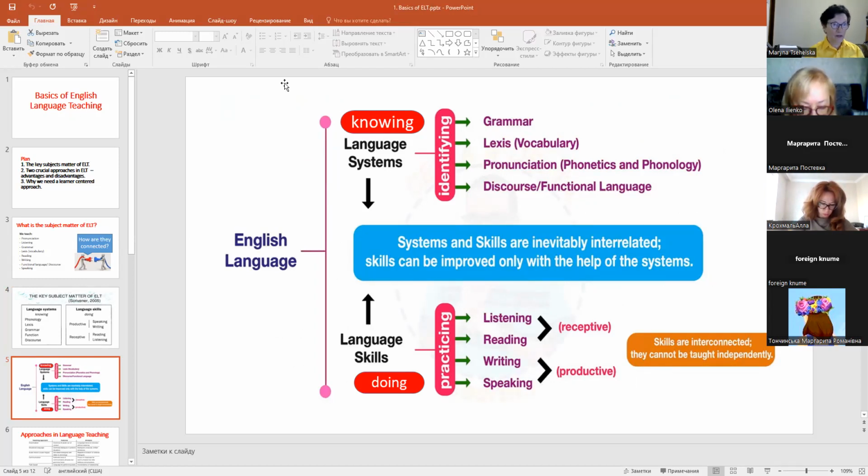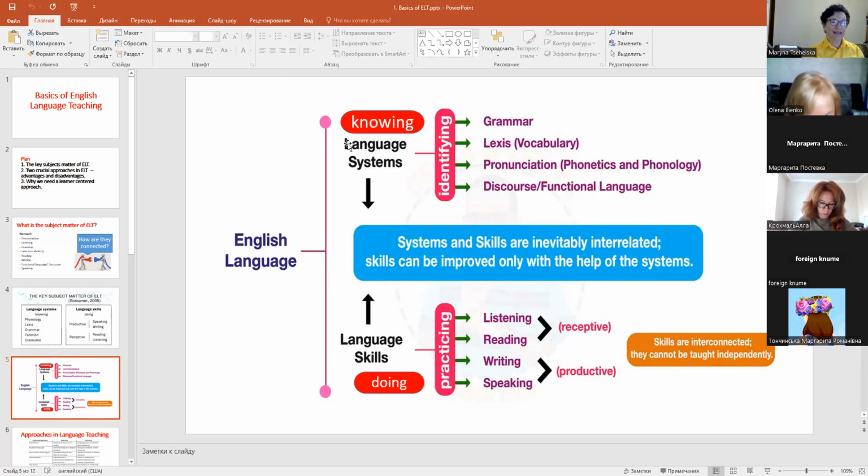But in reality, we need to focus on developing language skills, which are receptive, we receive the information first, and productive, and then we produce it.